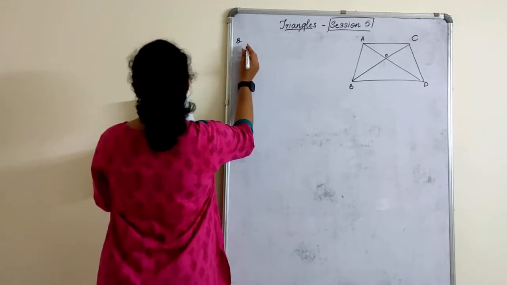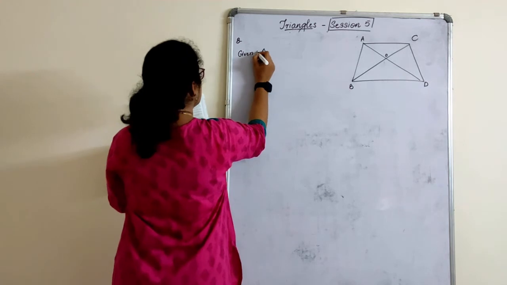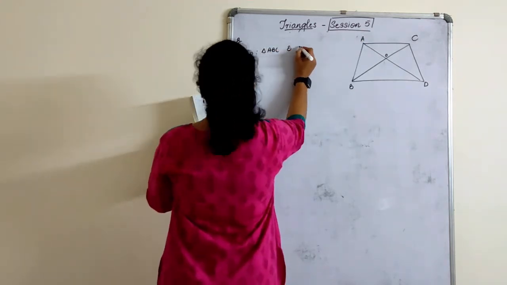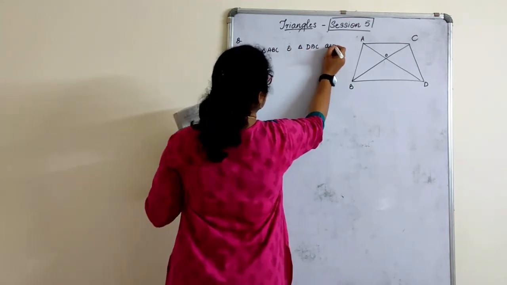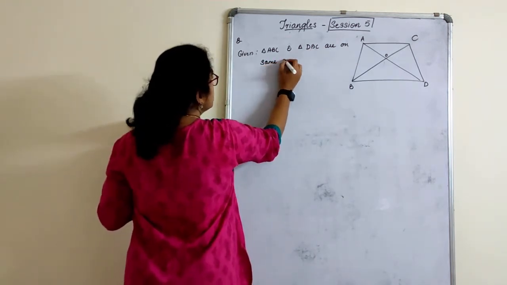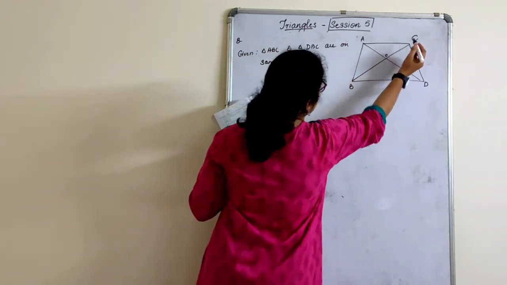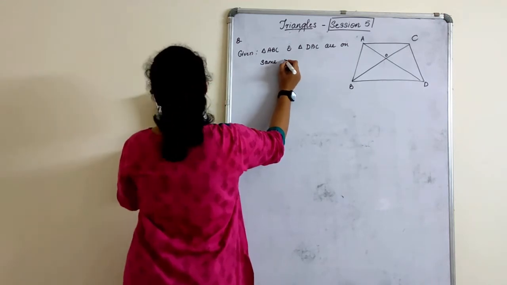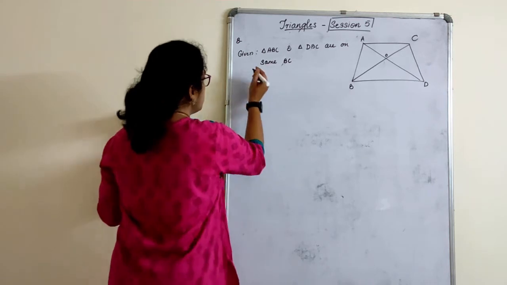So given: triangle ABC and triangle DBC are on the same base BC. If AD intersects BC at O, keep that as it is.